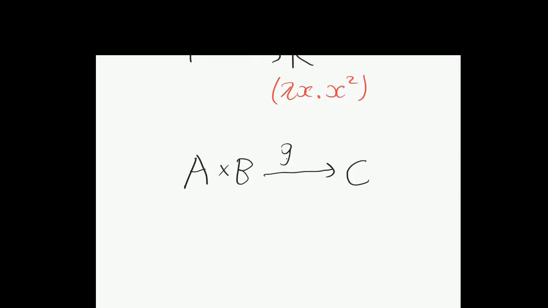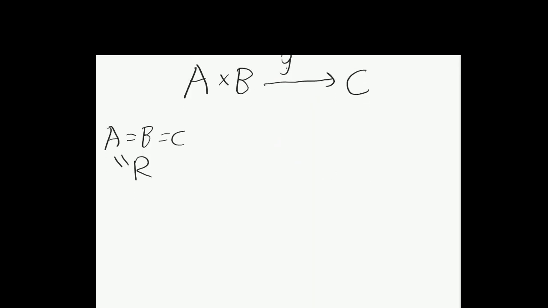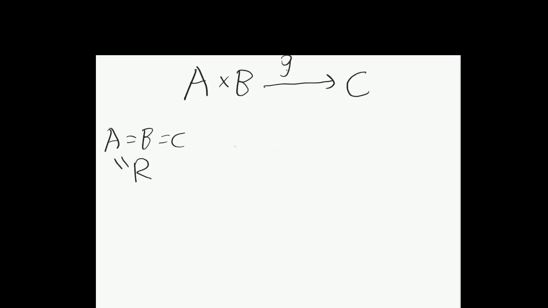So we'll think about this in general terms, but our definite example, which we can also keep in mind, is the case where A equals B equals C equals R. Okay? So in that case, g is going to be a function which takes in two reals and returns a real. That's a nice case because we can draw it.